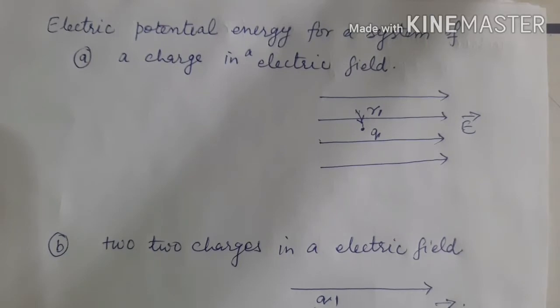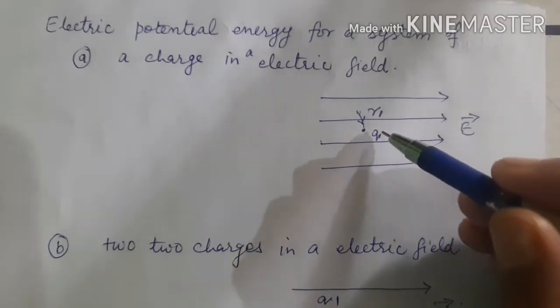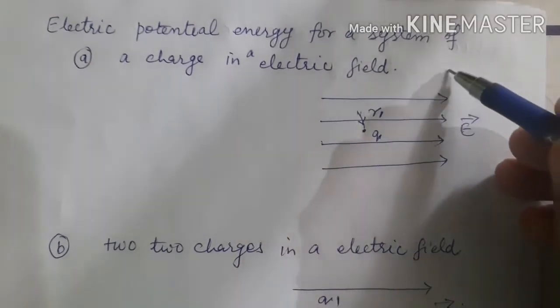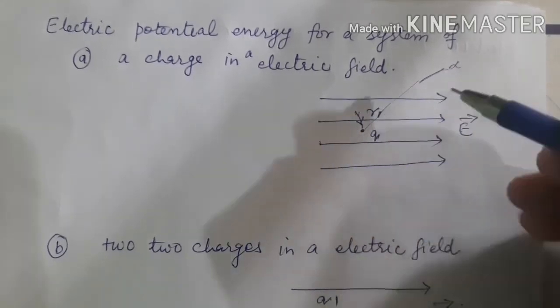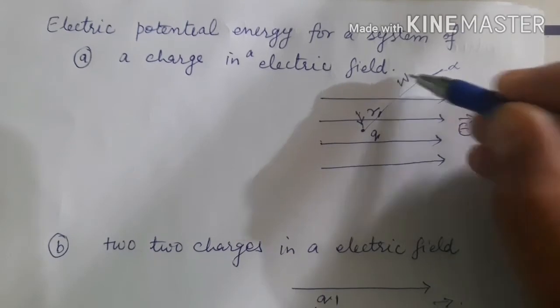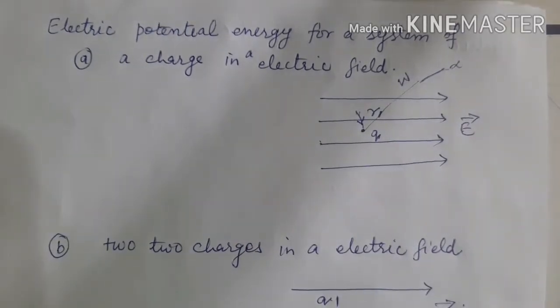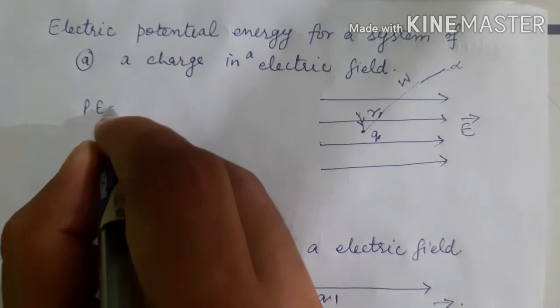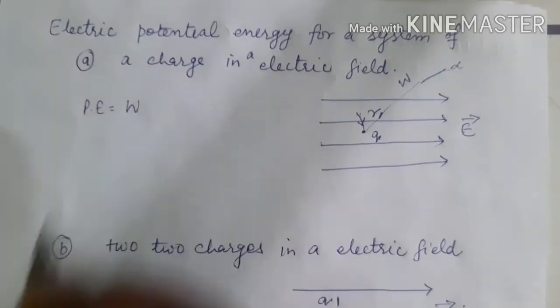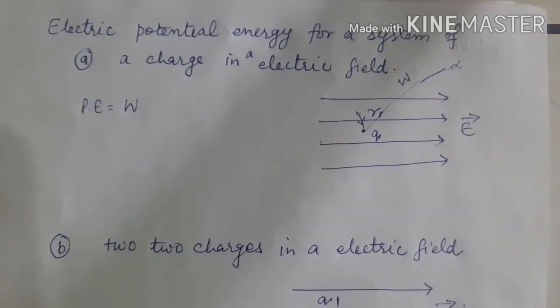respective position. So first of all, I take this charge to infinity and I bring this charge from infinity to this respective position. So what is my amount of work? That amount of work is stored in the form of electric potential energy. So our potential energy will be equal to the amount of work done to bring the charge from infinity to the respective position.